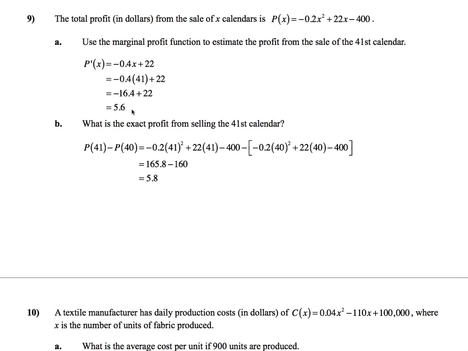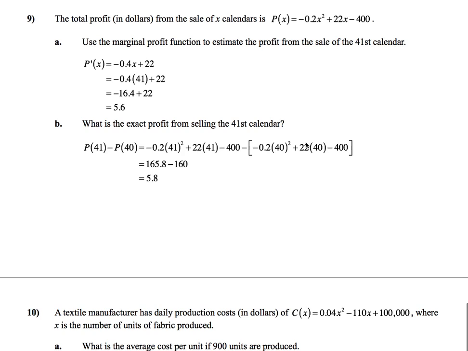Now, the second part asks us, well, what is the exact profit from selling the 41st calendar, assuming that this function accurately reflects the profit that we're making at any particular level of sales.